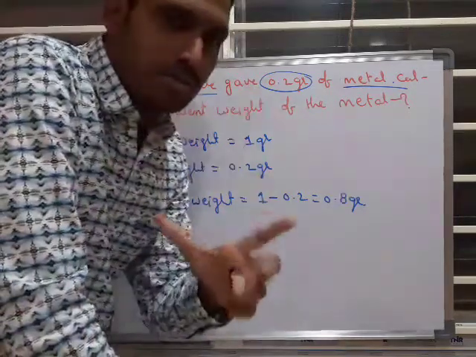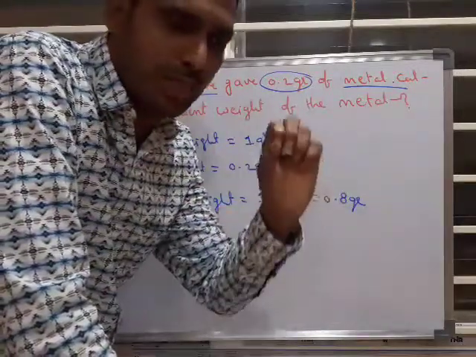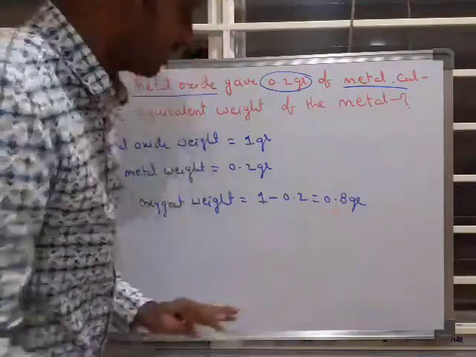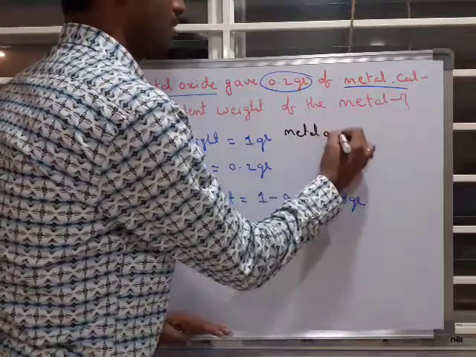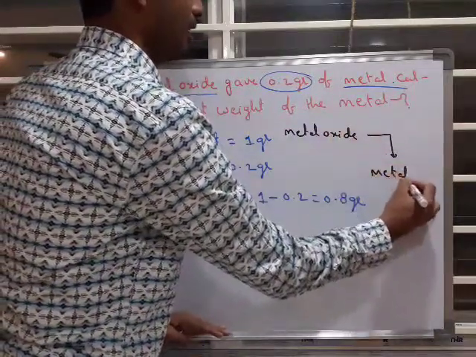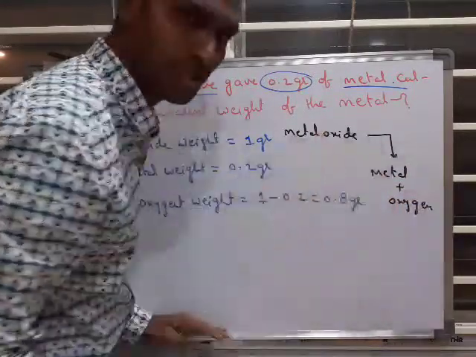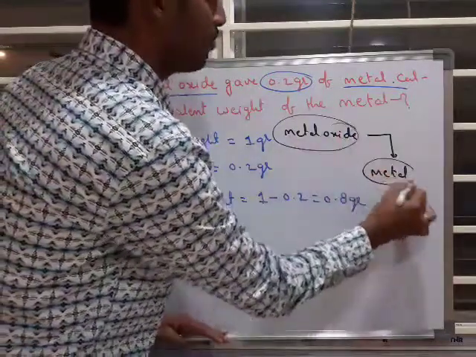So what is the reactant? If we take the formation reaction given to us, metal oxide gives metal and oxygen. See, metal oxide on decomposition gives metal plus oxygen. So in this reaction, we know that metal oxide and metal are compared.